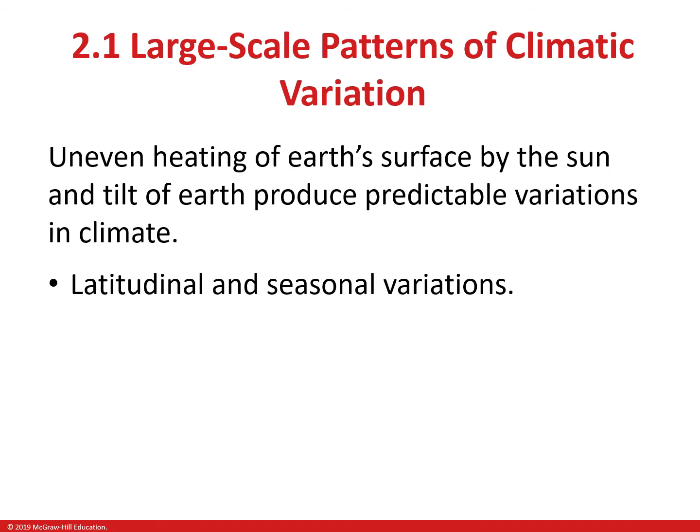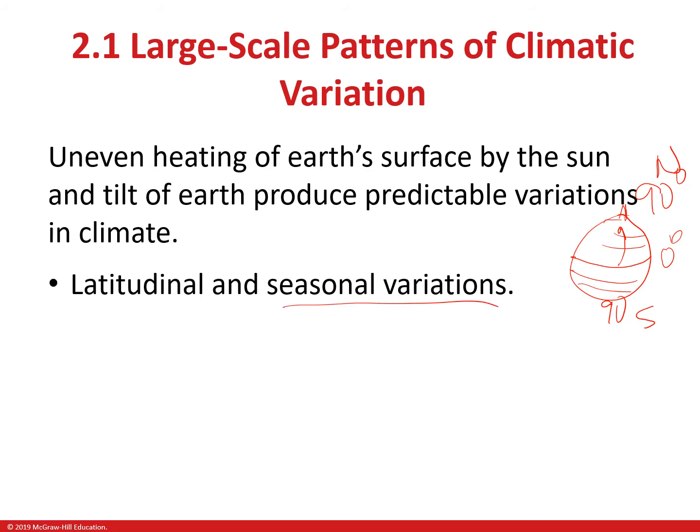So we have variation depending on the latitude, so we can go from latitudes around the equator where we're at 0 latitude up to a latitude of 90 degrees at the North Pole and 90 degrees down here at the South Pole. So we have getting cooler as we go up and down from the equator, but then we also have seasonal variability.